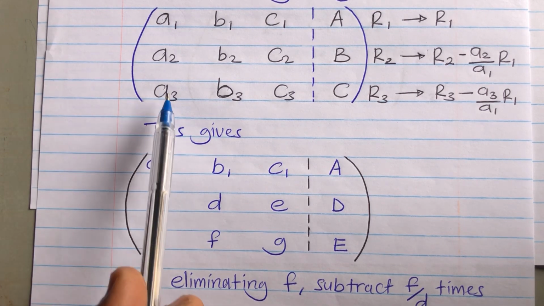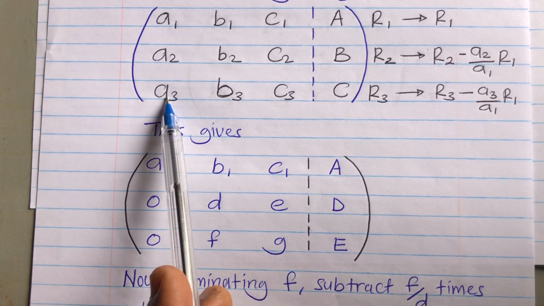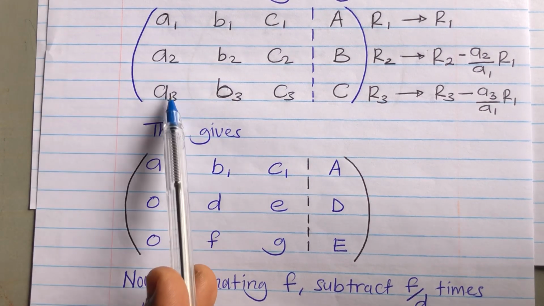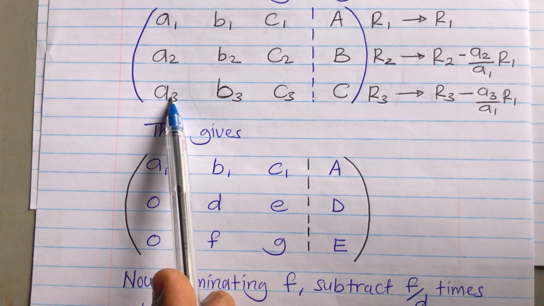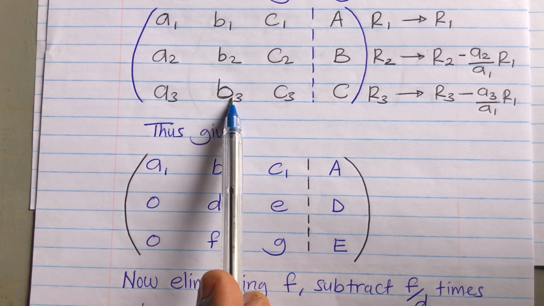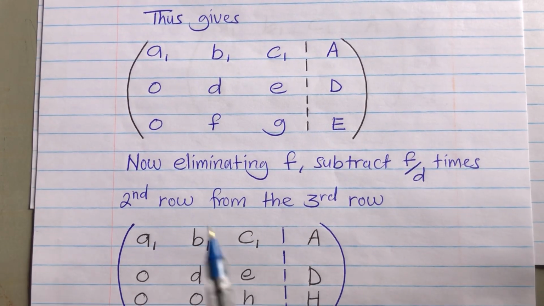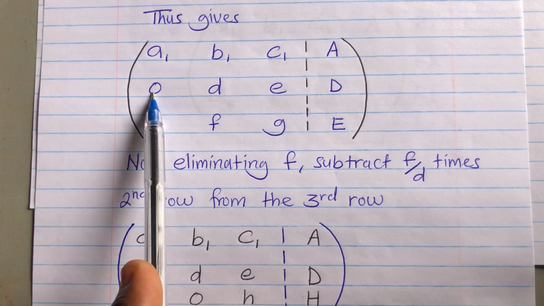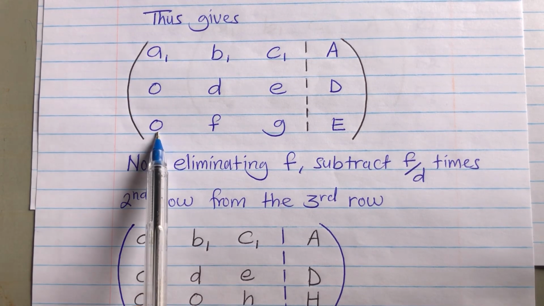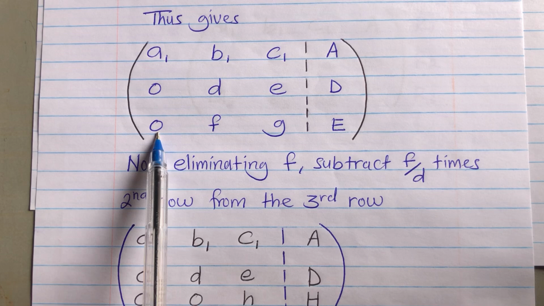So that is how we are getting 0 here and there. Then we shall be remaining with B3. So that will give us a new matrix where A2 is now eliminated and A3 is eliminated. Hope we are together.